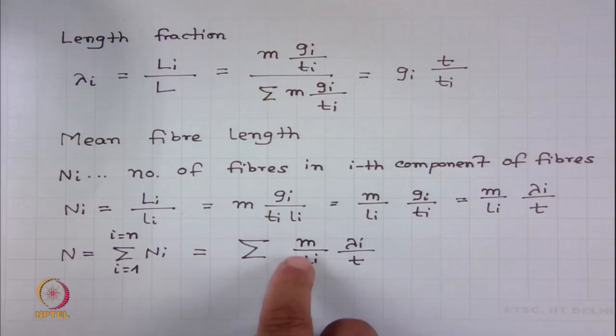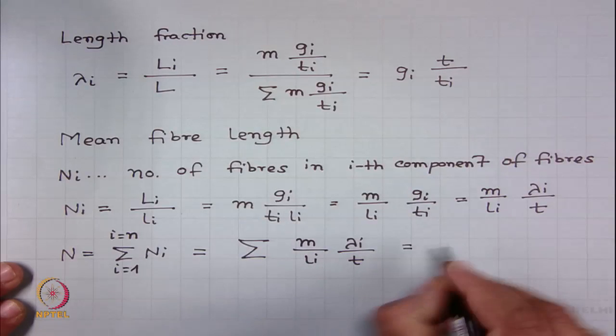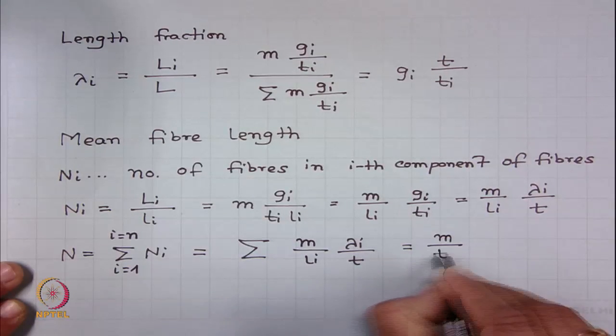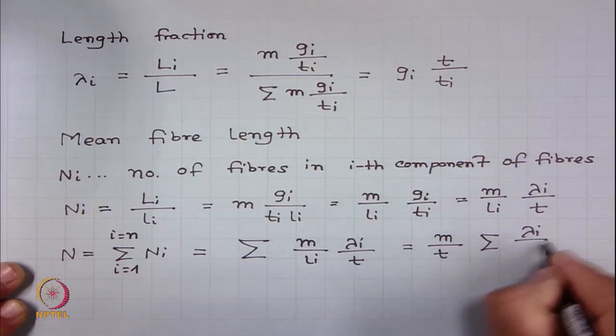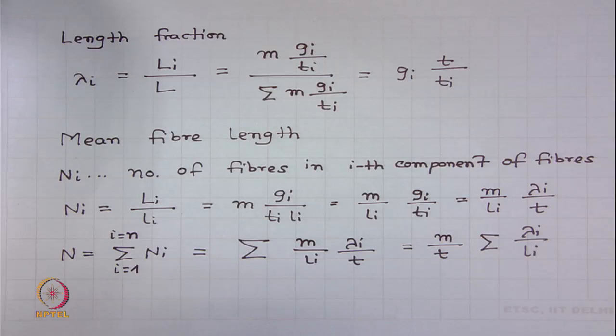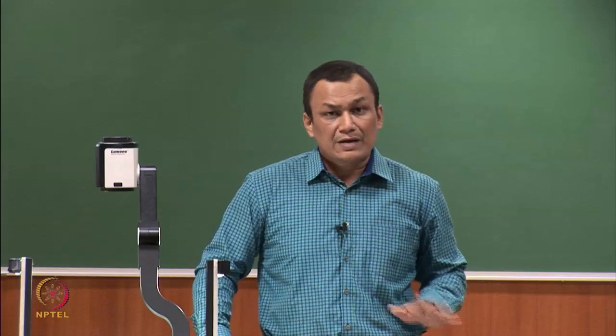This m and T are related to the fiber blend, so this can come out of the summation of lambda I by Li. Okay. Then what is mean fiber length? Mean fiber length is total length of all fibers in the blend divided by number of fibers in the blend.